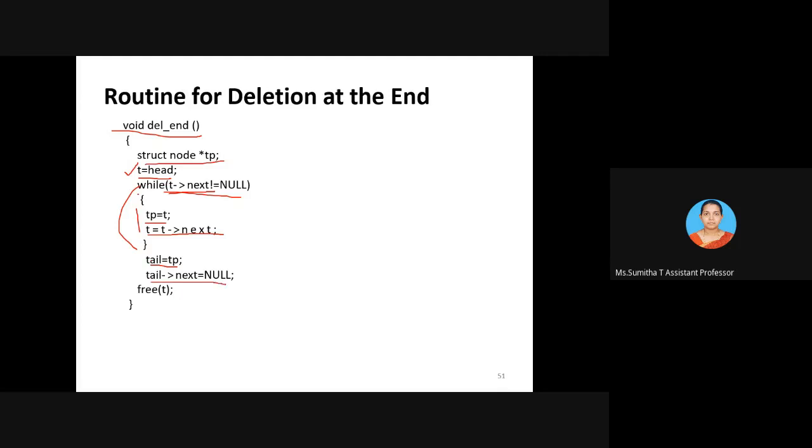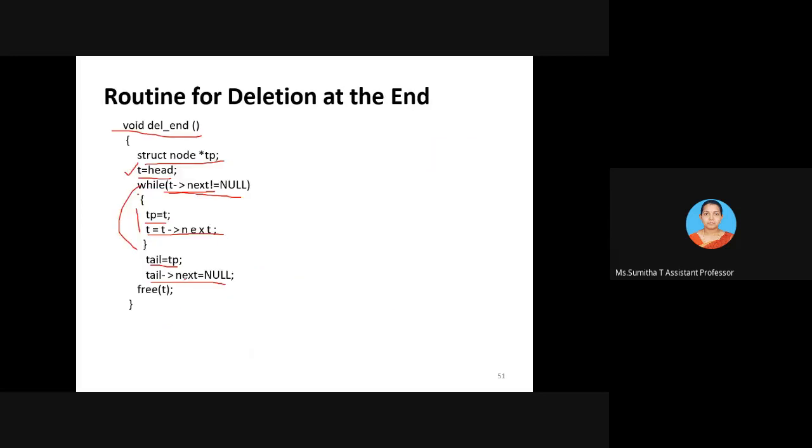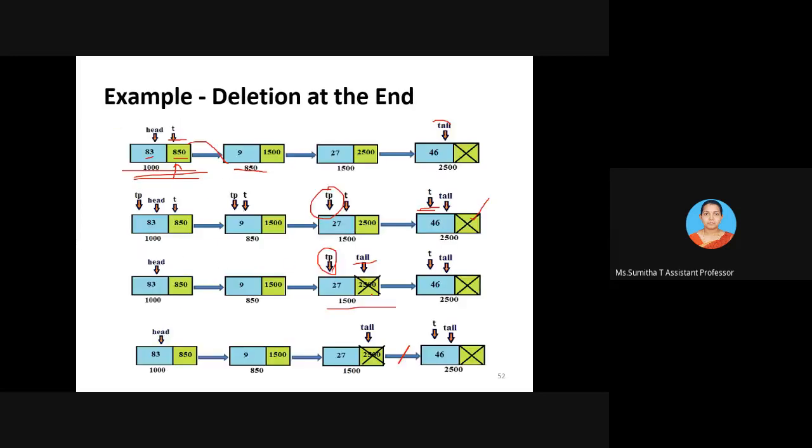After that, what I'm doing is tail of next equal to null. Where is the tail placed now? Here only, right? The tail is placed at the third node. So I'm assigning tail of next equal to null. This is the null. I'm just removing the address and placing a null value.